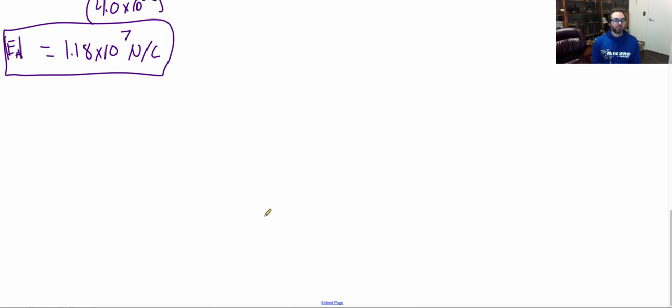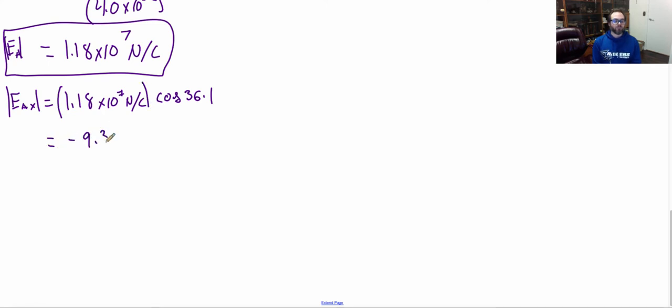So my x component of the field is going to be equal to 1.18 times 10 to the 7 newtons per coulomb times cos 36.9. And that's going to give me a negative number because I know it's going to be going to the left, which is going to give me negative 9.436 times 10 to the 6 newtons per coulomb.